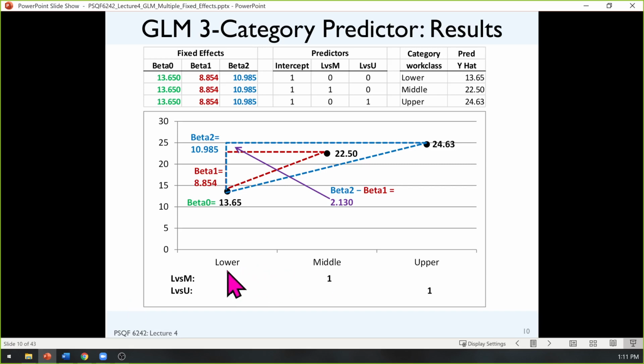So as x goes up means as you switch from the lower group to the middle group. So the fact that all of these slopes are positive, beta 1 is 8.8, beta 2 is 10.98, means that as x goes up, meaning as you move away from the lower group, the predicted y goes up as well. It goes up by 8.8 if you're talking about middle relative to low. It goes up by 10.98 if you're talking about upper relative to low.